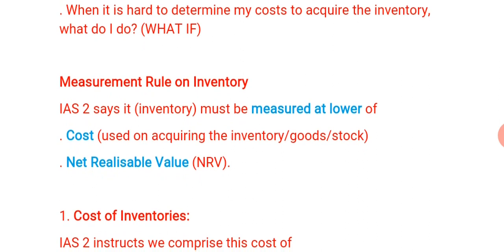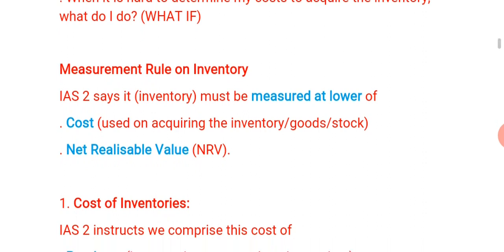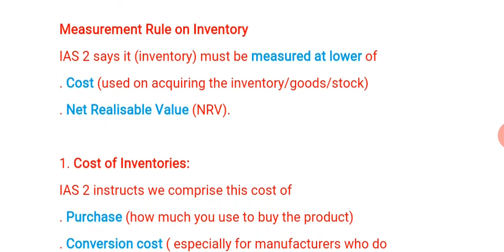Now we'll be taking a look at the definition of net realizable value down the line, but let's go slowly till we get there. So IAS 2 says pick one, cost or net realizable value, and when you're picking one, you pick the lowest. Now, what is cost? What is the cost of inventory, or what is included in the cost of inventory?